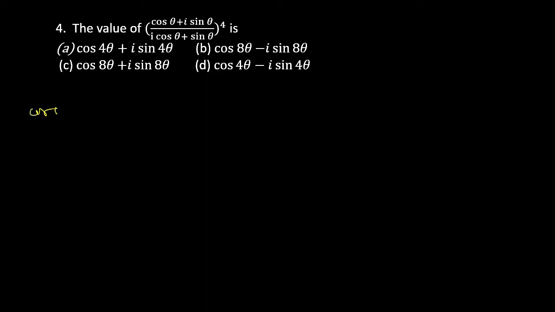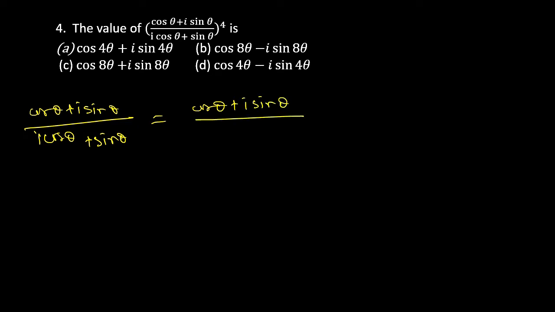Cos theta plus i sin theta by i cos theta plus sin theta. It means cos theta plus i sin theta by, we can take common i from the denominator.